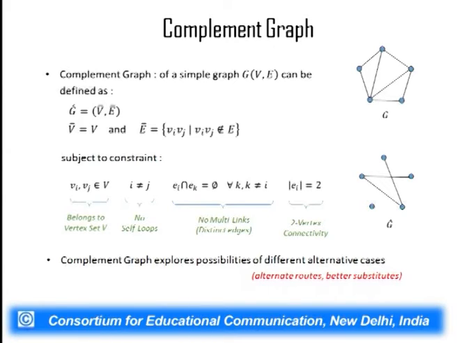This is G dash, and it's again subject to the very important constraints that we have studied earlier in the case of a simple graph, that there is a vertex set. All the vertices should belong to the original vertex set, and obviously there will be no self loops, so i is not equal to j, and no multi links, because so far we are not dealing with multiple links, that is multigraphs. Multigraphs and hypergraphs will come later in the discussion.